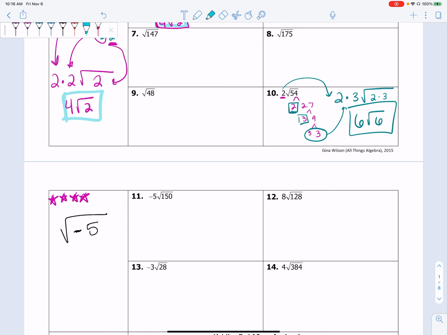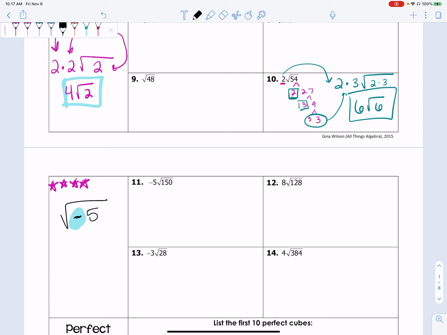Also, that negative under the radical sign is not allowed for our purposes. This is automatically going to become no real solution.